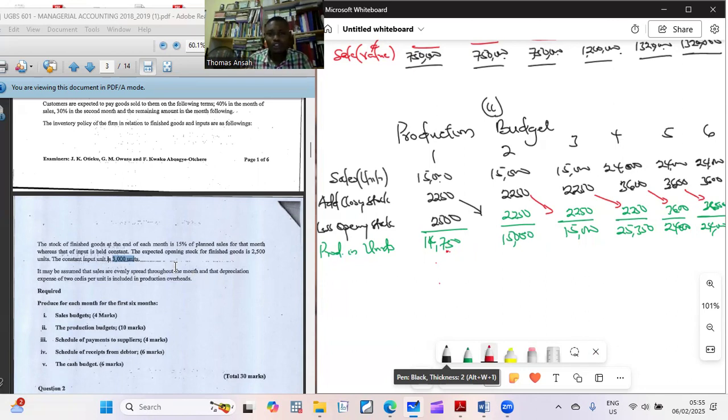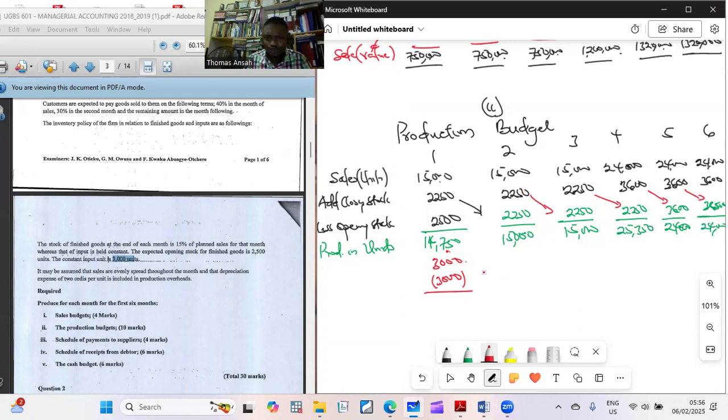So because of that, you just have to write a statement: the raw material input is constant, so it is in and out. All right, you can do that. Other than that, you will have to do plus 3,000 minus 3,000, which will give you the same figure here. If you don't write that statement, you may be losing some ticks because a figure was given to you. So just write that statement somewhere so that you don't lose your tick. Or better still, you can just repeat it.